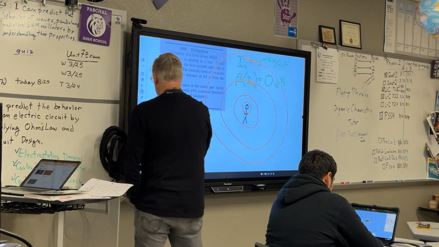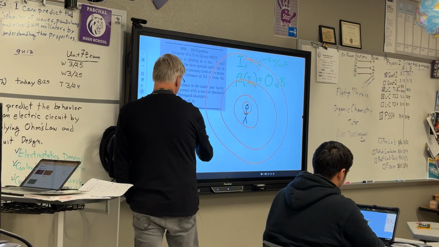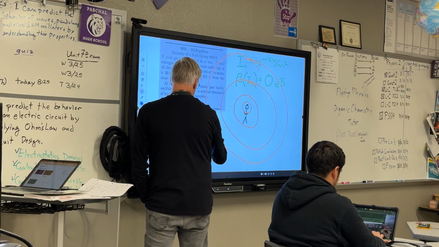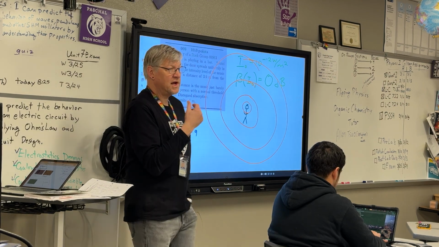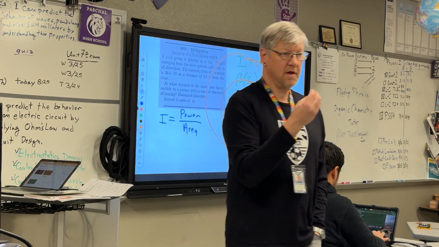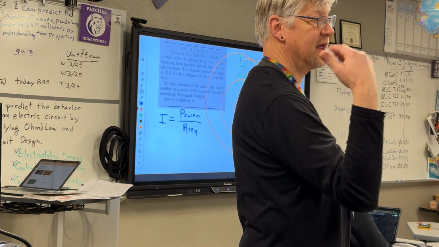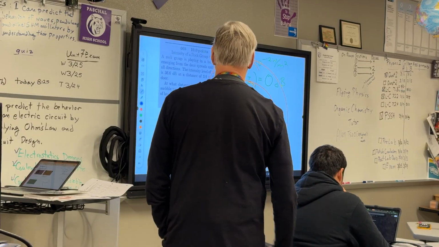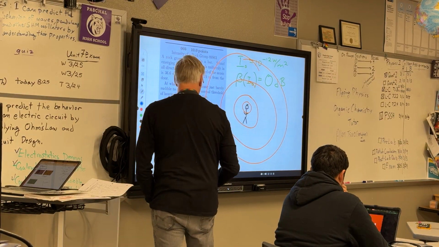And the word area is important here because if you think back to the definition of intensity, it's power divided by area. So if my voice has a unique power that's always there, the intensity will change as a result of how big the area is that power is getting spread out over.